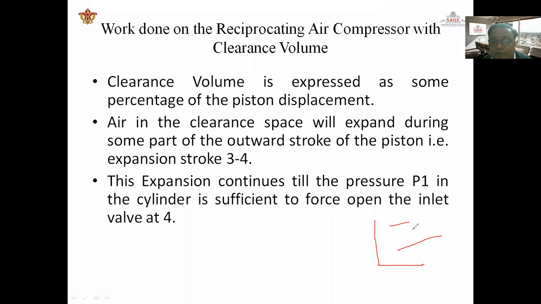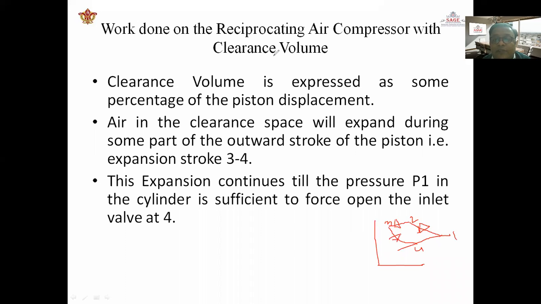So this is the compression process 1 to 2, which was already discussed in the earlier class. 2 to 3 is the delivery of the air at constant pressure, and after that, when the clearance space is maintained, 3 to 4 is the expansion of the air.